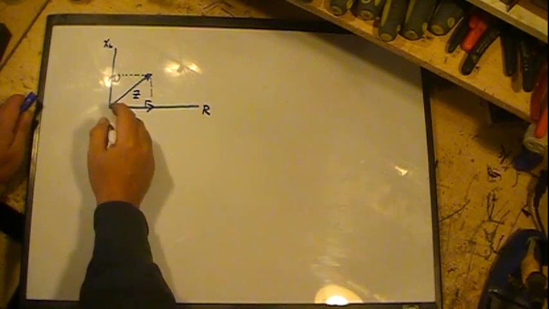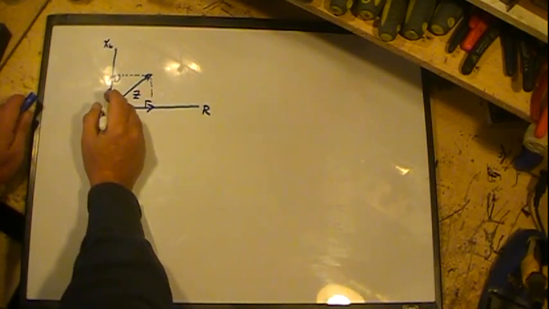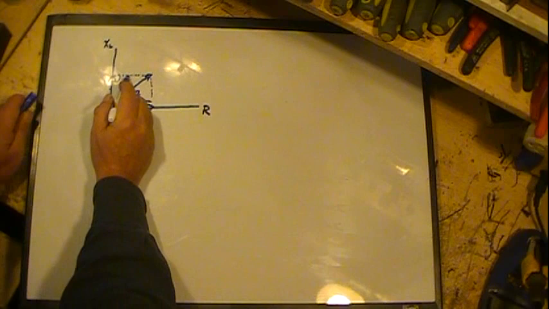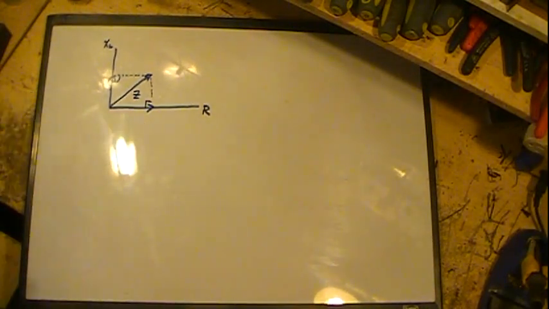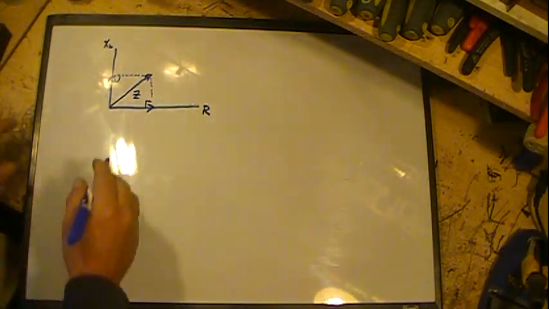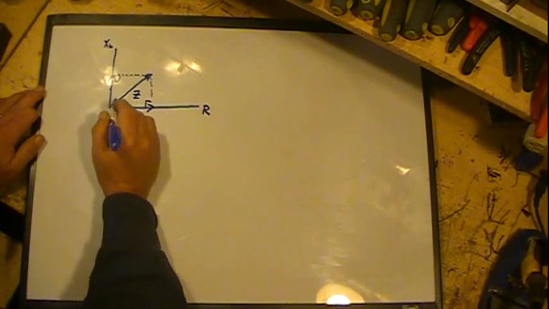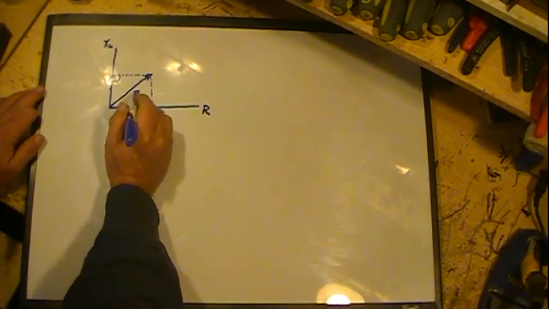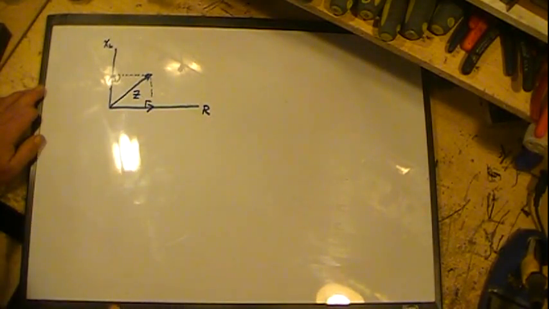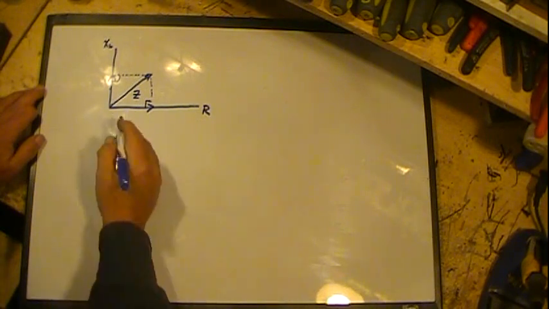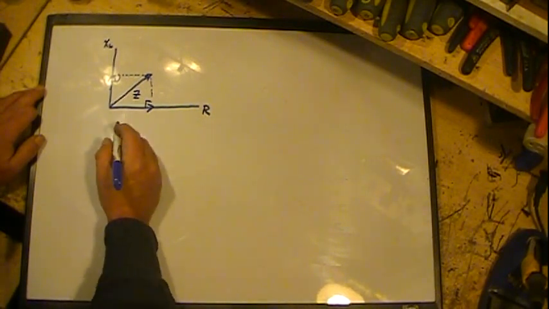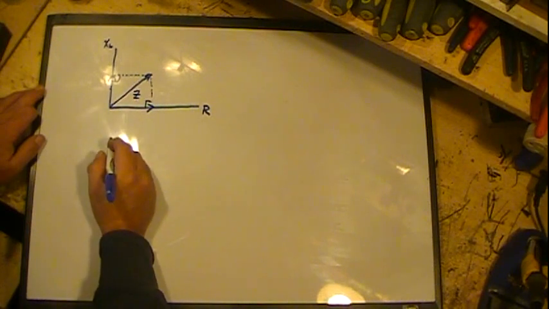I have a right triangle. This line represents the inductive reactance. This line is representative of resistance. Since I have a right triangle and impedance is the hypotenuse, or side c, then I can use the Pythagorean theorem to actually figure it.